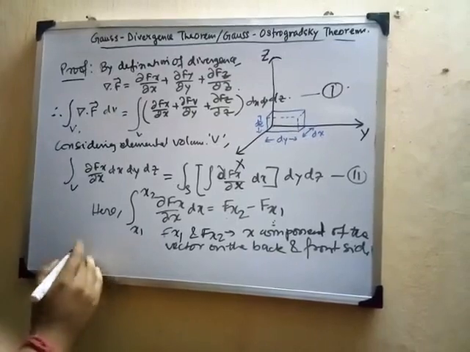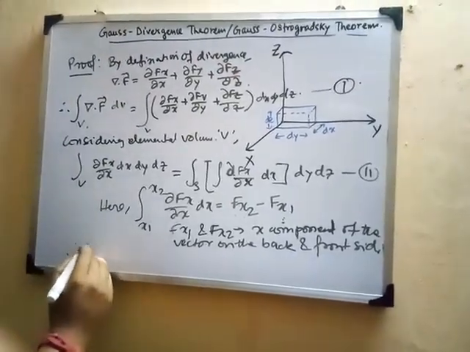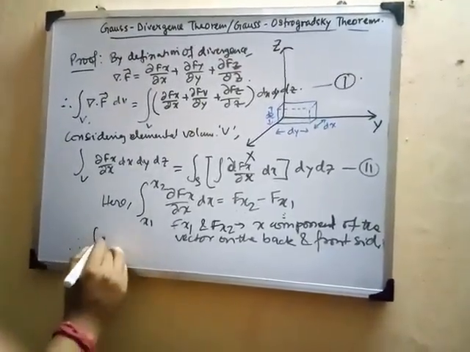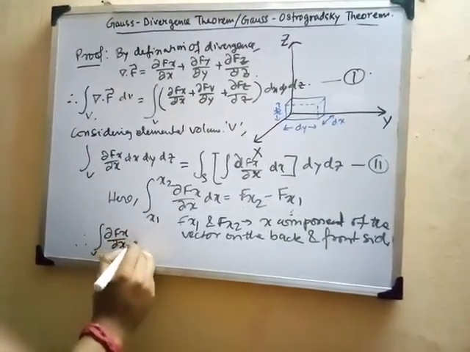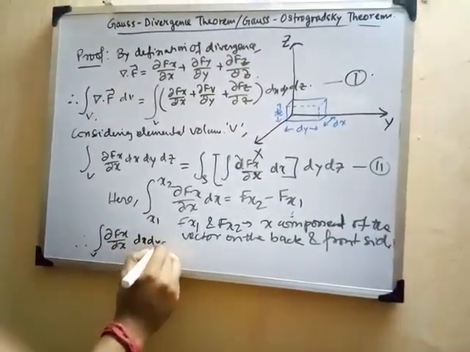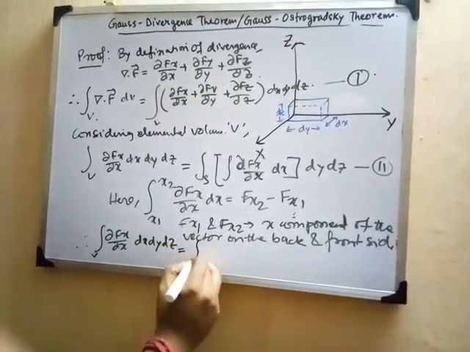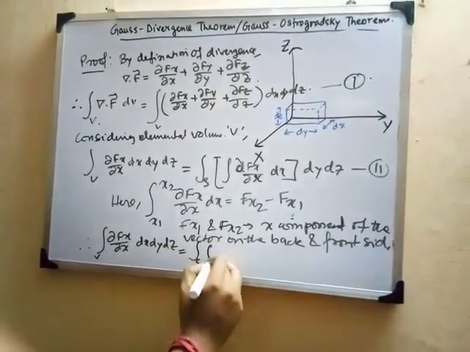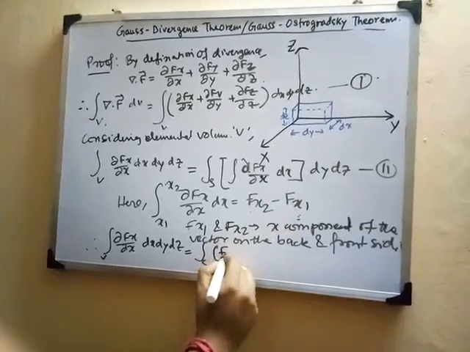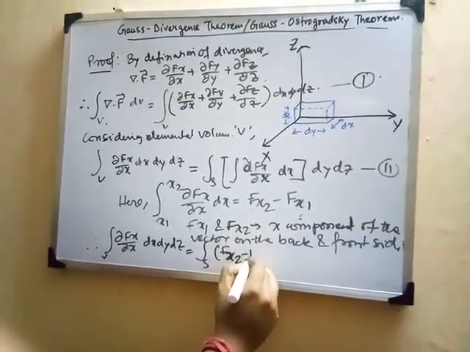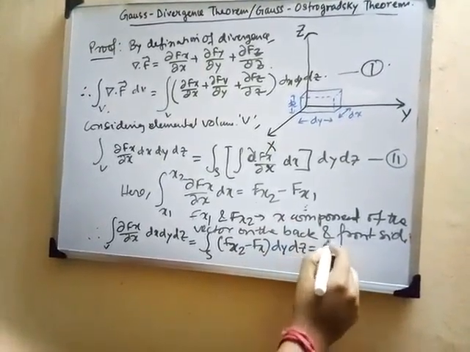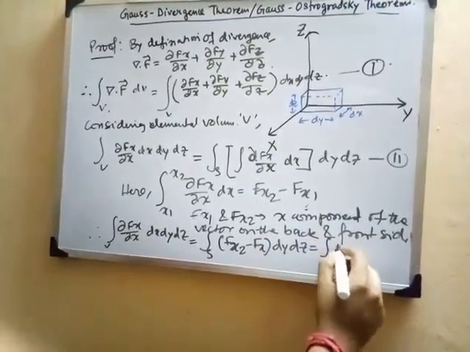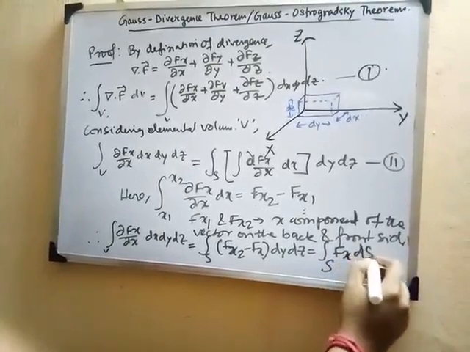Therefore we can write the volume integral of del fx by del x dx dy dz equals the surface integral of fx2 minus fx1 dy dz, which we can simply write as the surface integral of fx dsx.